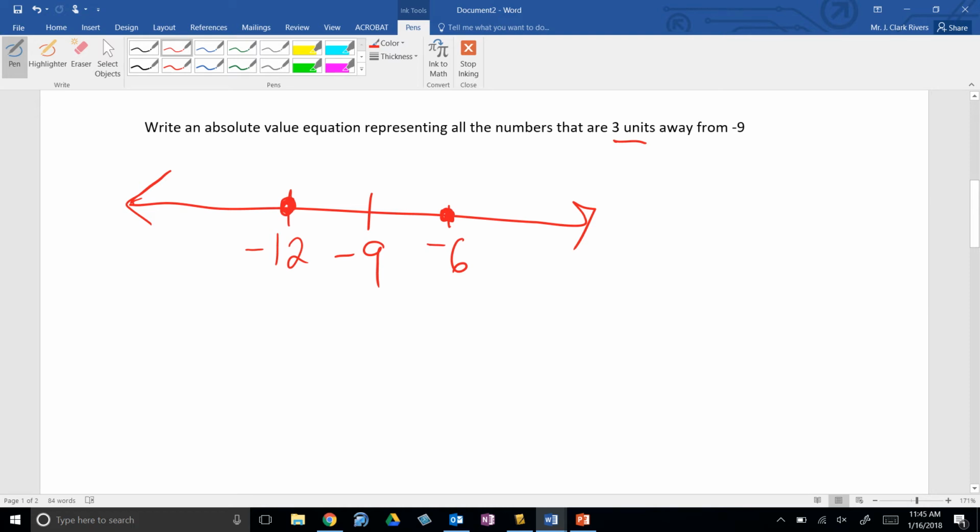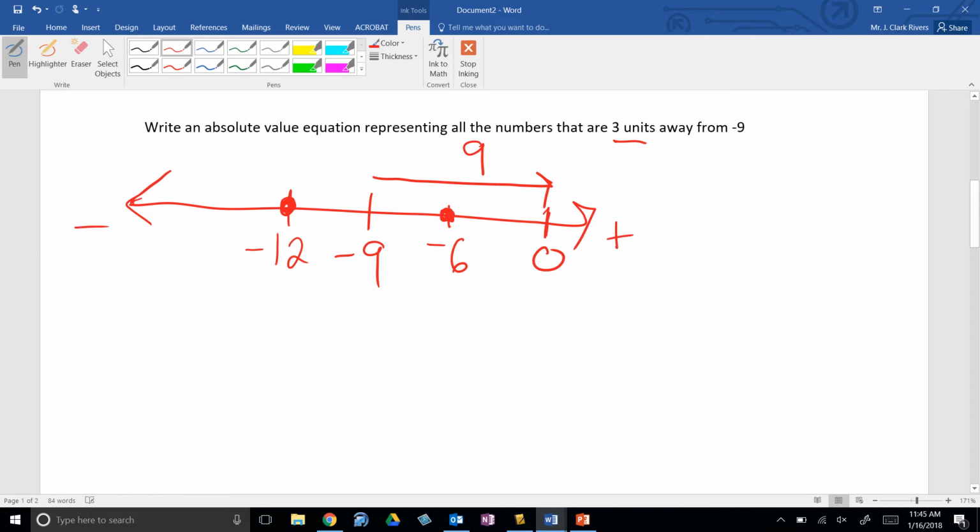Now, remember, the absolute value definition is how far a number is from 0. So we're worried about these numbers that are a distance from -9. So to go from -9 to 0, let's say 0 is here. How far do you have to go? You got to go 9. Is that in the positive direction or the negative direction?